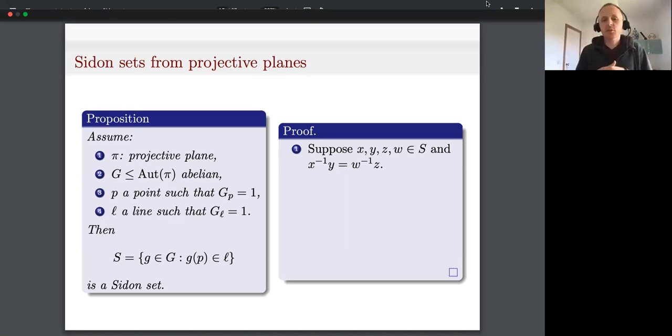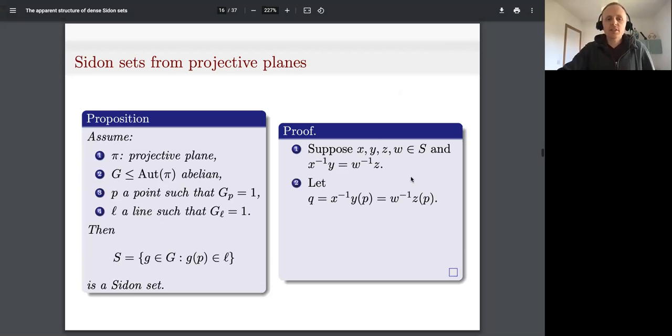So an additive quadruple is a set of elements x, y, z, w in the set S, such that x inverse y equals w inverse z. So let's look at the point Q, which is the image of P under this common ratio. So Q is equal to x inverse y applied to P, which is the same as w inverse z applied to P.